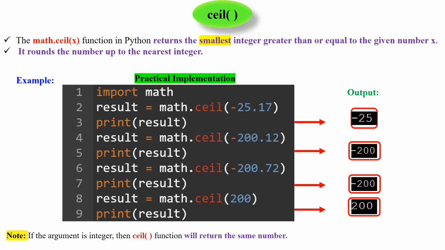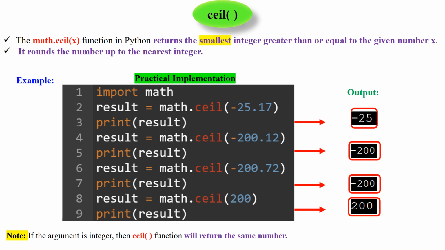This function returns the smallest integer greater than or equal to -25.17, which is -25, and is printed to the console. In line 4 and 5, the math.ceil function is called with the argument -200.12. The function returns the smallest integer greater than or equal to -200.12, which is -200, and is printed to the console. In line 6 and 7, the math.ceil function is called with the argument -200.72.